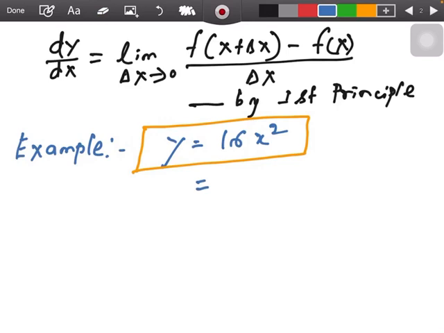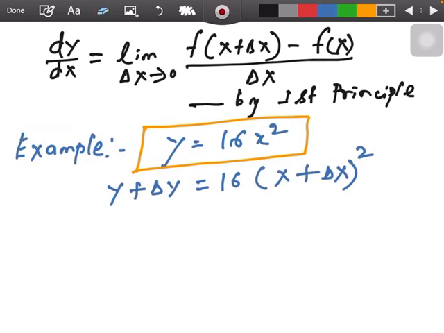x increases from x to x plus delta x, you take the whole square, let us expand it. y also increases from y to y plus delta y. With the change in x, there is change in y.